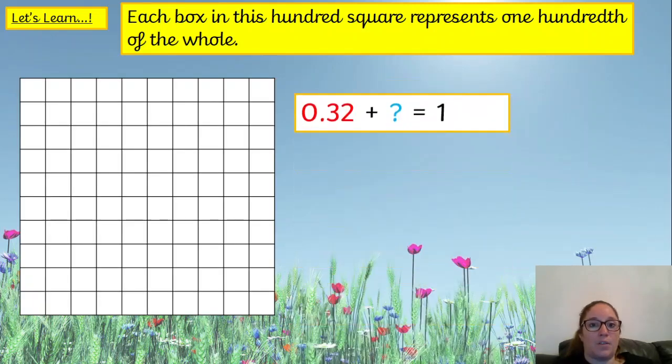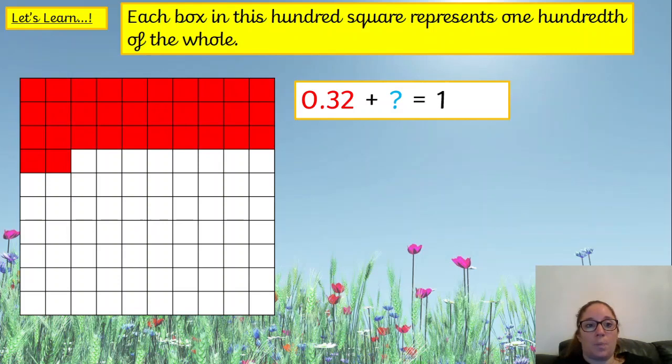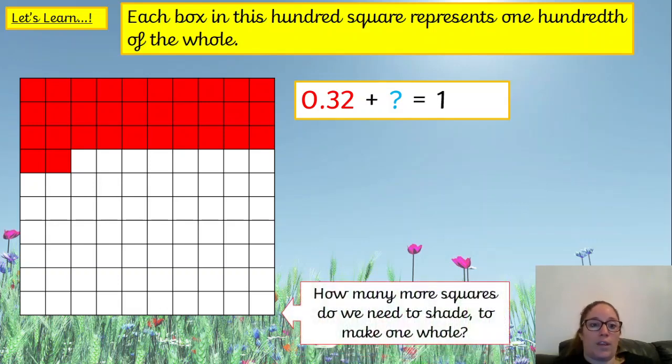Okay, so how about this one? We've got 0.32 plus something equals 1. We can shade 3/10 and 2/100. So we've got 32 out of our 100 pieces shaded. How many have we got left to shade? Okay, well, we can count 10, 20, 30, 40, 50, 60 full rows and 8/100.